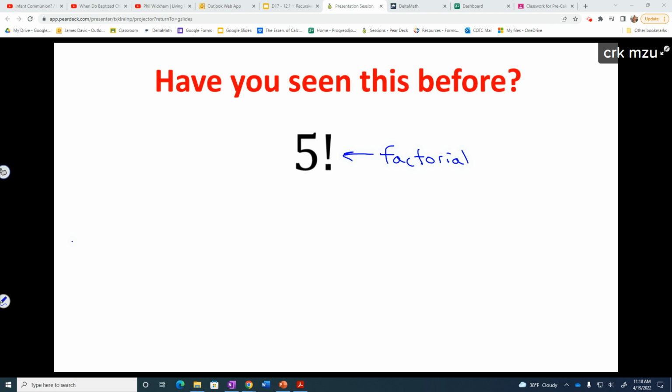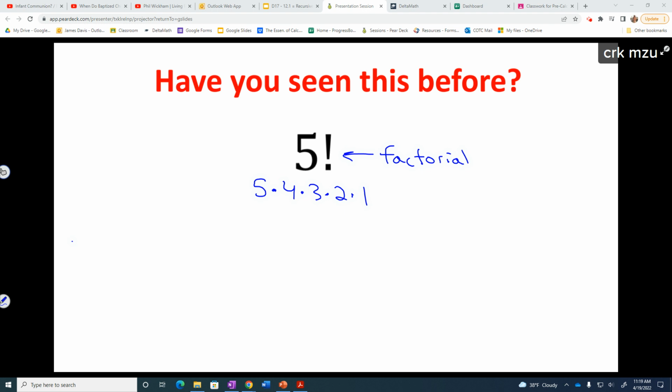The reason why I brought this up is this factorial symbol is kind of neat because it's actually like a sequence. So 5 factorial, 5 exclamation mark, means 5 times 4 times 3 times 2 times 1. If it was 100 factorial, you would do 100 times 99 times 98 times 97 times 96 times 95, go all the way to 1.